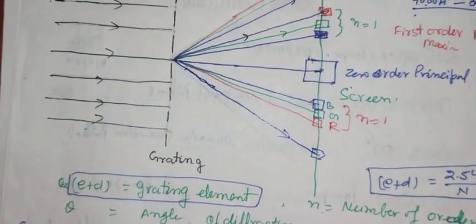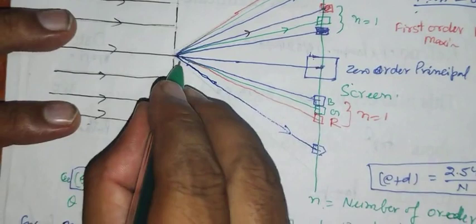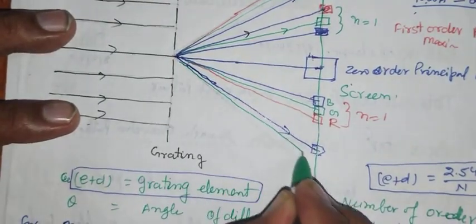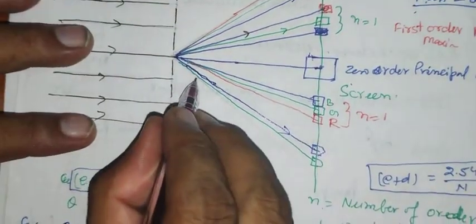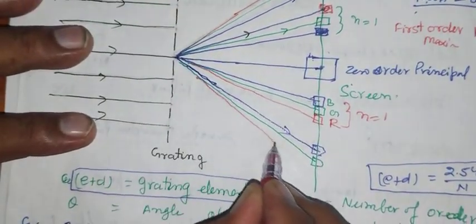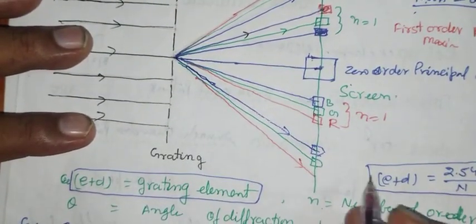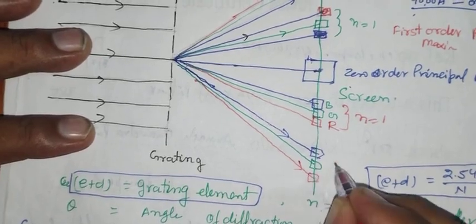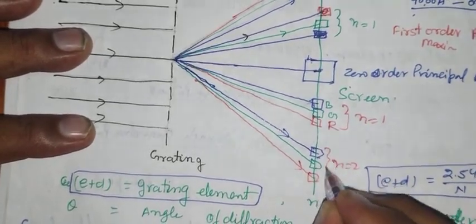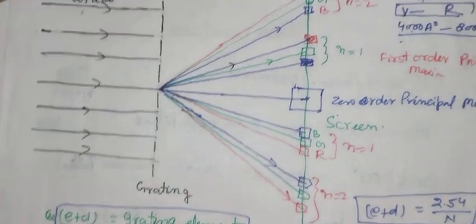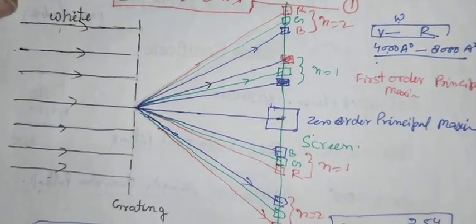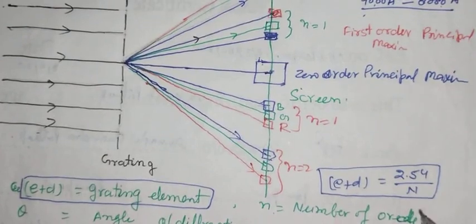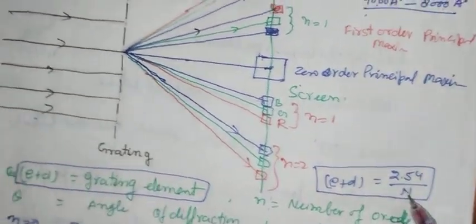Violet spectrum, green spectrum, and then red spectrum. So the number of orders obtained depends on the number of lines available on the grating.